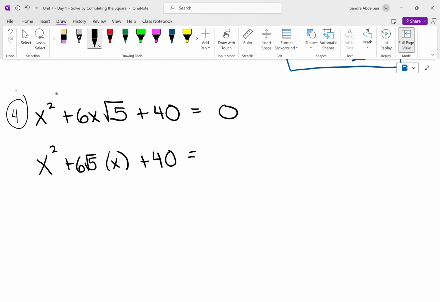X squared plus 6 root 5x plus 40 equal, well, actually, minus 40, right? Because we're moving the 40 to the other side, move the constant to the other side.